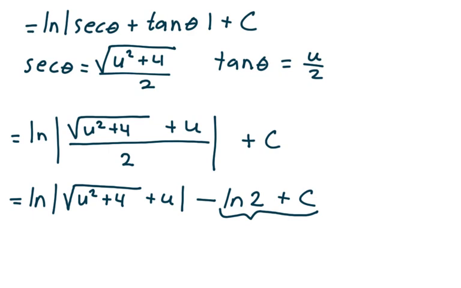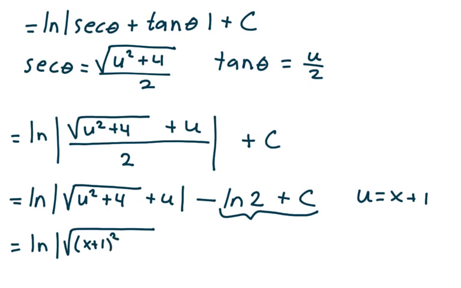And then if I put back u, remember u is equal to x plus 1. And so this is natural log of the square root of x plus 1 squared plus 4 plus x plus 1 in absolute value plus, we'll call it C1.